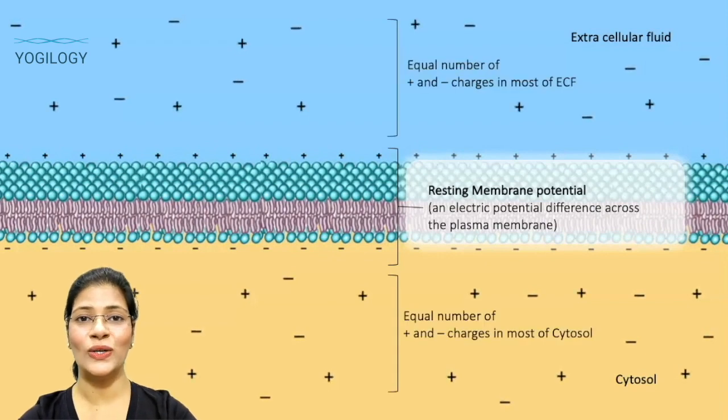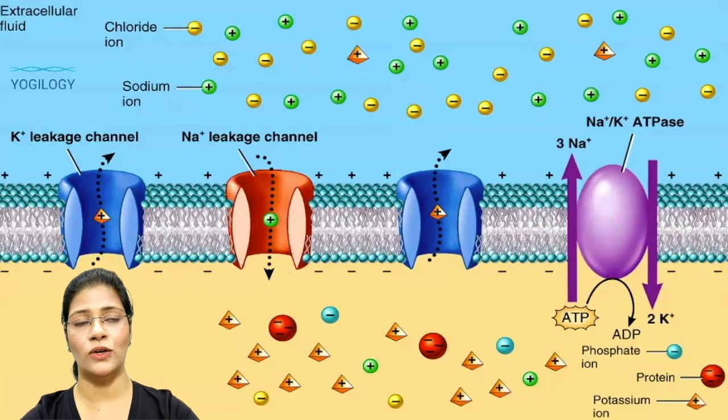So let's take a look at this diagram. Starting with the extracellular fluid, we can see sodium over here, the green color spheres with a positive charge, and chloride ions, having the yellow color with negative charge. Along the plasma membrane, we have the potassium leakage channel, the sodium leakage channel, and the sodium potassium ATPase.